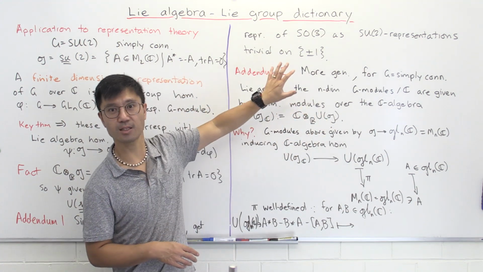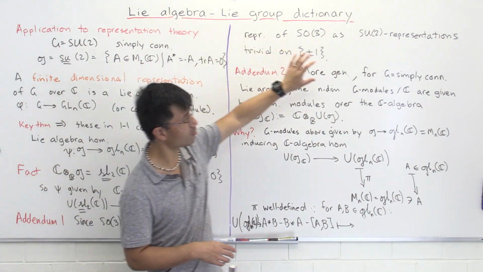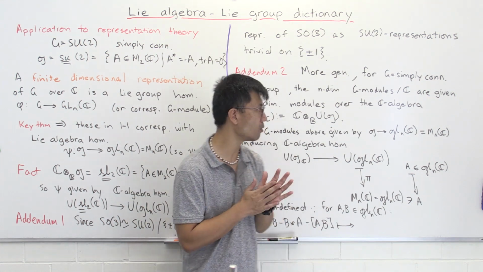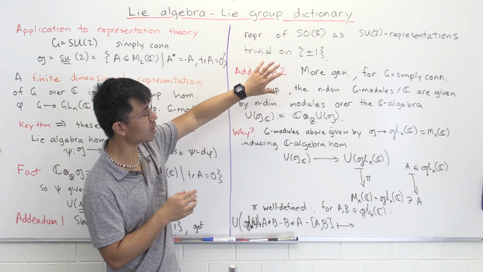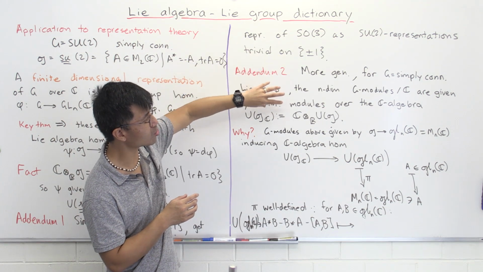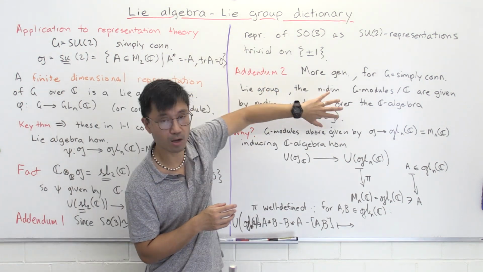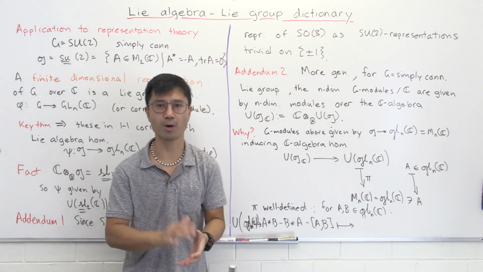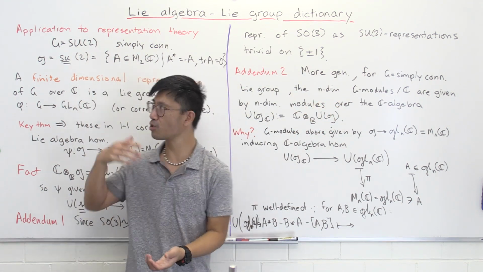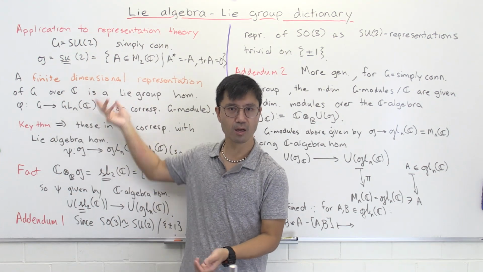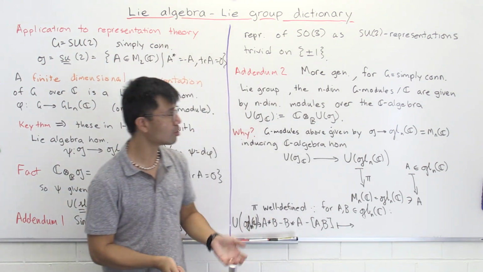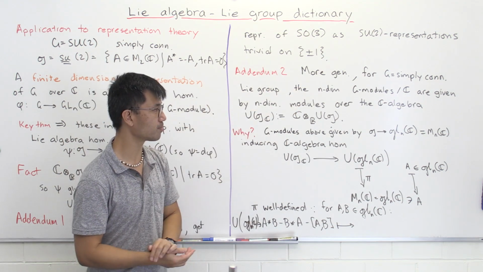This addendum really tells you, okay, if you want to study these finite dimensional representations of G, then really all you have to do is look at these finite dimensional modules over this C algebra, and this C algebra is finitely generated. So this is really just an algebraic problem. Okay, so we've reduced this representation theory for this Lie group, a fairly complicated manifold, to straight algebra.